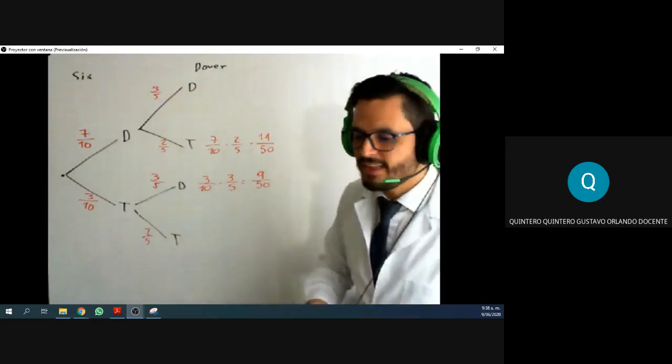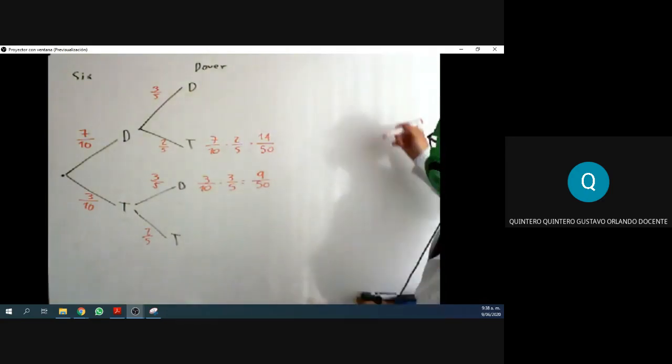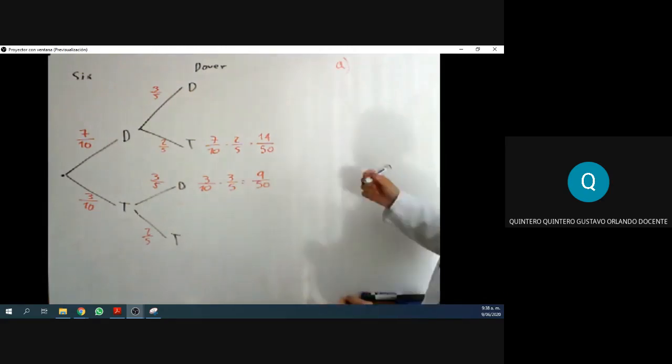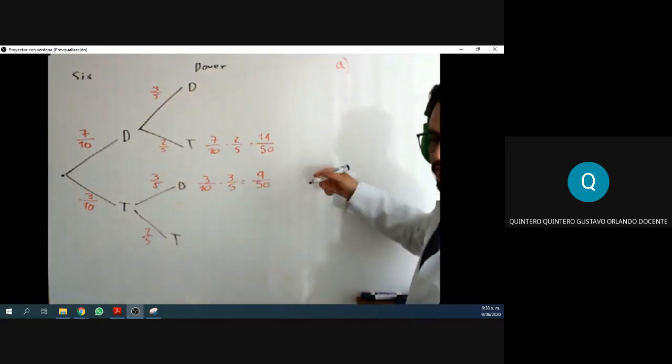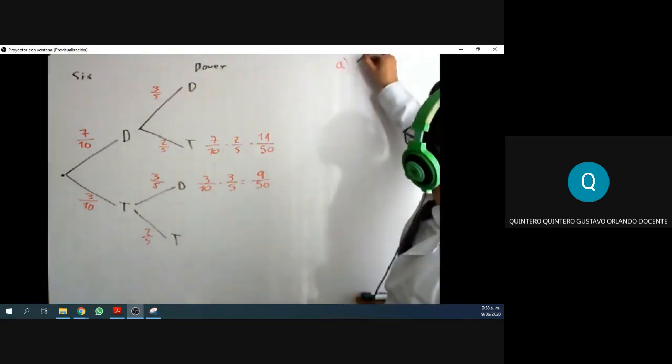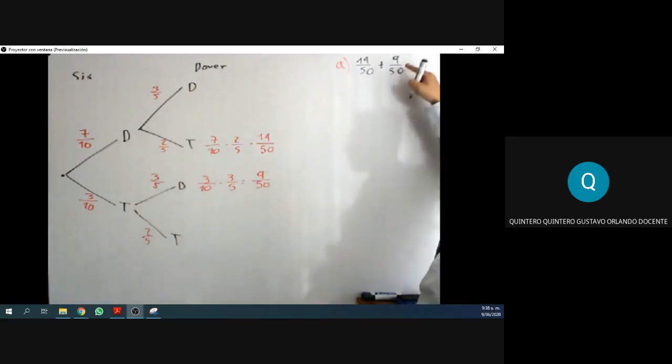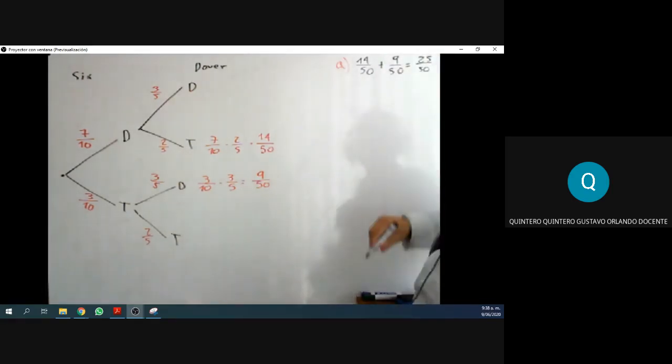So at the end of the day, the answer for question A will be the addition of this, right? 14 over 50 plus 9 over 50. In other words, 23 over 50. Oh, but that one can be simplified, right?